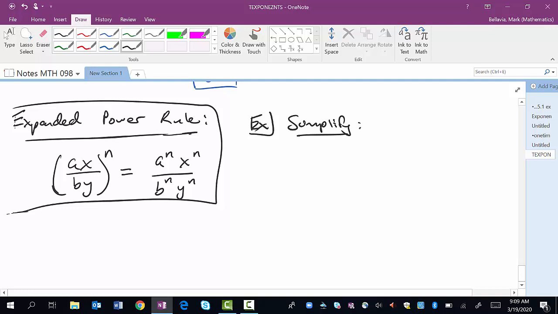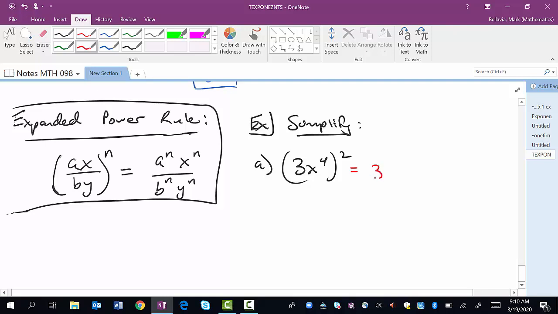So if I said to simplify something like this, if I had 3x to the 4th, squared. Well, basically what that means is take that power of 2 and bring it to each of the factors inside. Don't forget that this coefficient, that 3, should be raised to the power of 2 as well. It's not just variables. The constants or the coefficients also get raised that way.